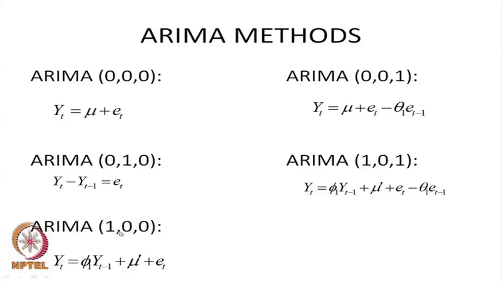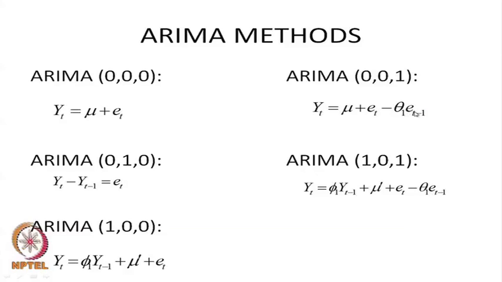Now, here let us say this is the same as an AR model, with an average value, an error term, and y related with y_t minus 1. This is a case of MA 1.